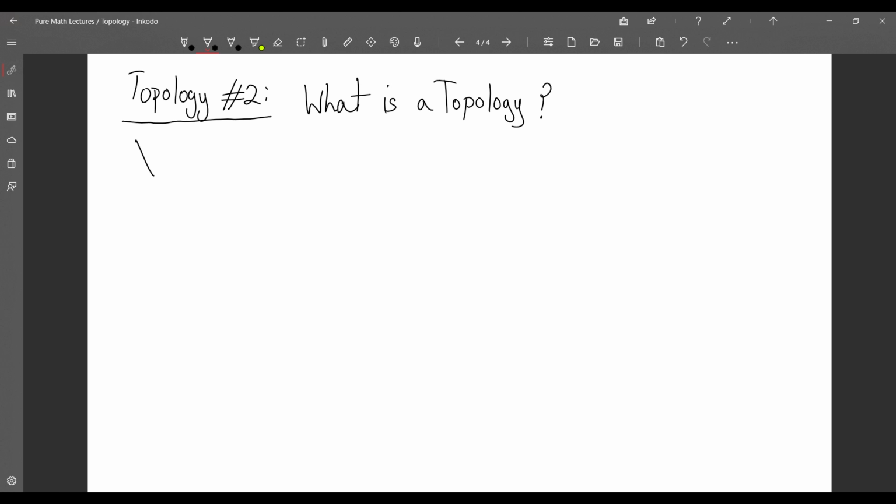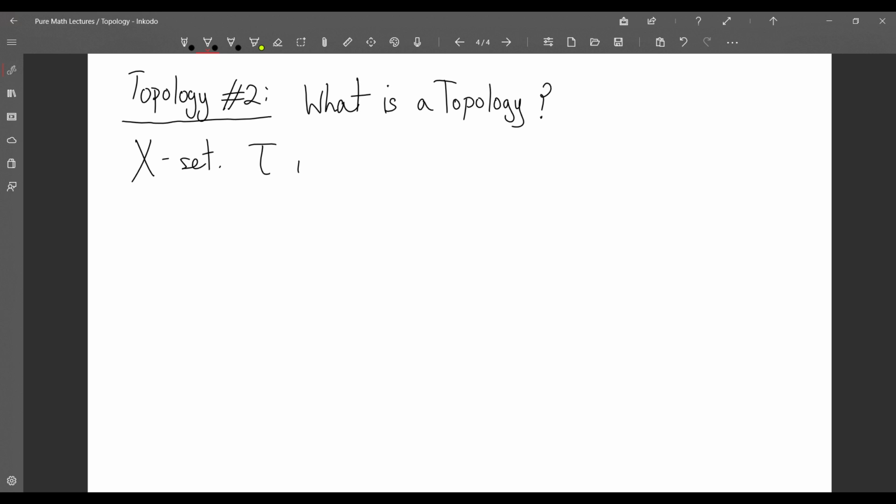So we're going to start off with X being our set, and we are going to define the topology. I'm going to draw it like a tau, but this is going to be sort of a script T. Or you could use tau, but my professor didn't like that, but I'm not good at drawing script T's.